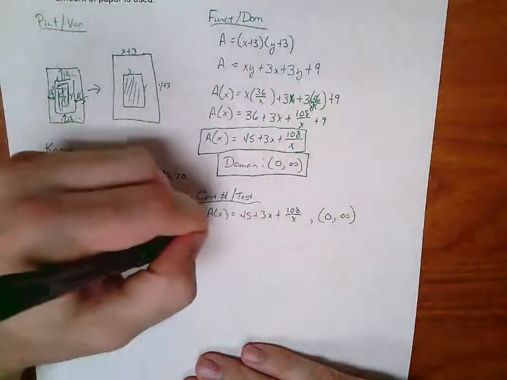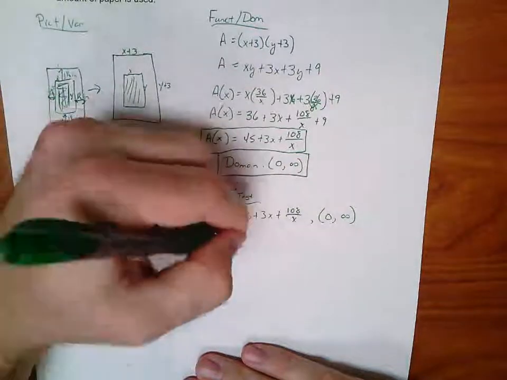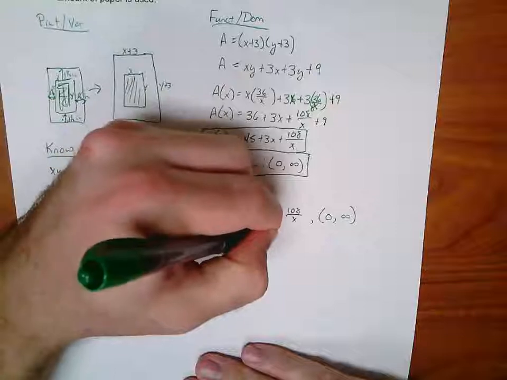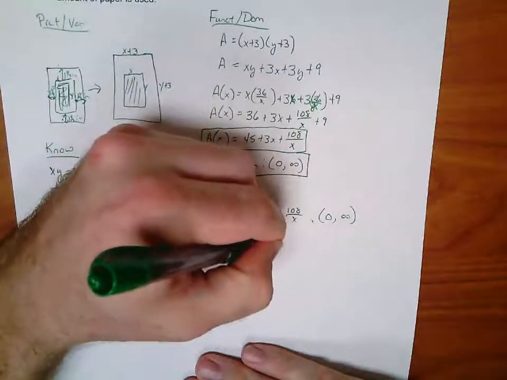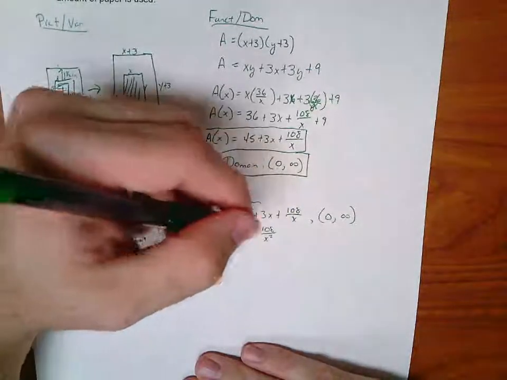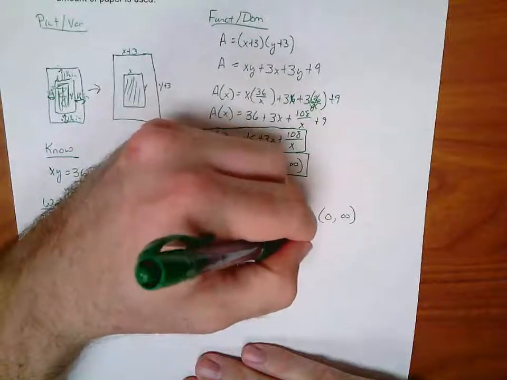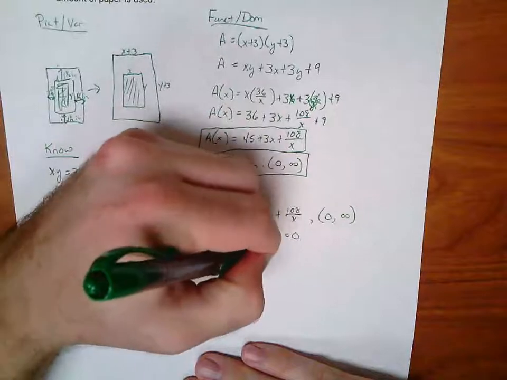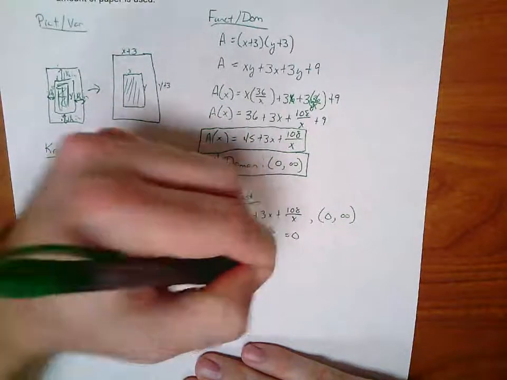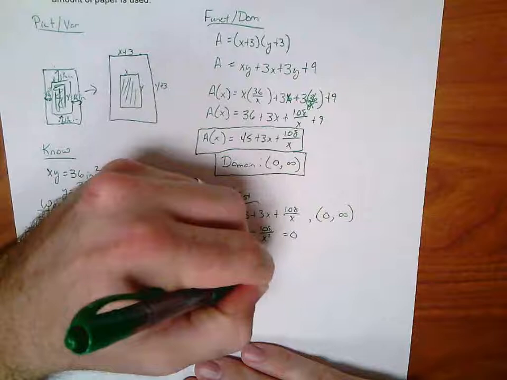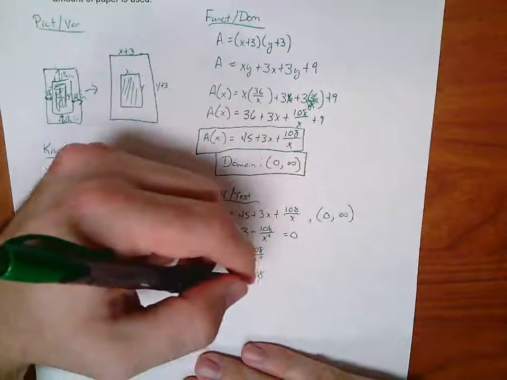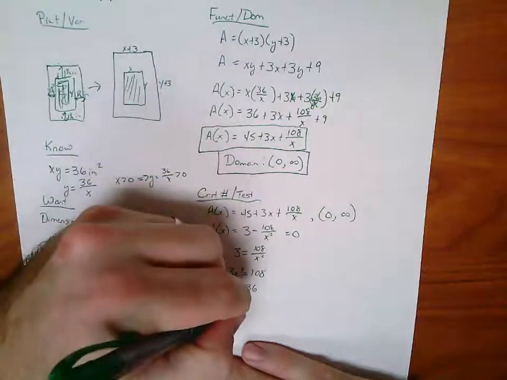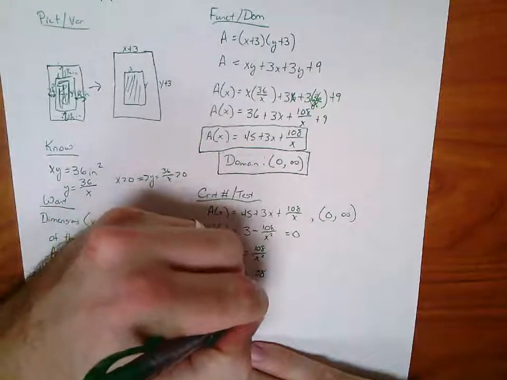Then a prime of x, remember, to find our critical numbers we need our derivative, is 3 minus 108 over x squared. Set it equal to 0, so that gives us 3 equals 108 over x squared, so 3x squared equals 108. x squared equals 36, so x equals plus or minus 6.